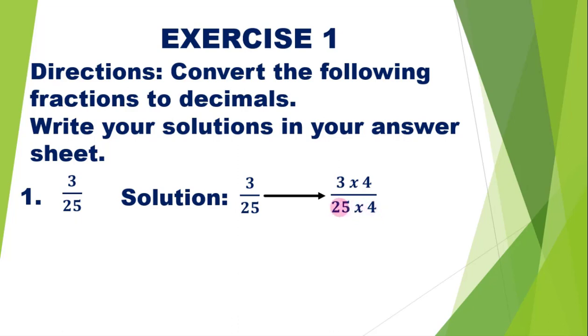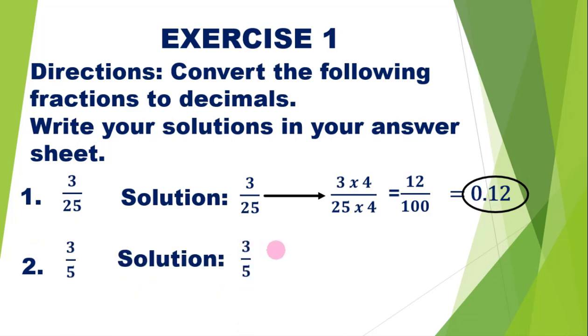If we multiply the denominator by 4, then we have to multiply also this 3 in the numerator by 4. Doing so will give us 3 times 4 equals 12 over 100, or we can write that as 0.12, or we have 12 hundredths. So this is now the answer for 3/25. This is equal to 12 hundredths or 0.12.